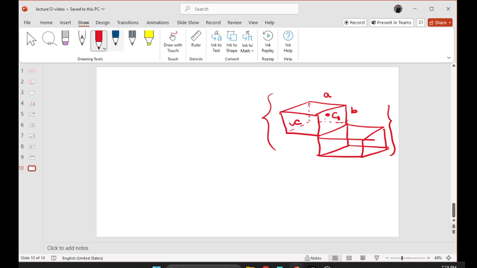Clearly the rigid body can be visualized as a combination of two cuboids, right? One cuboid has edge lengths small a, small b and small c.